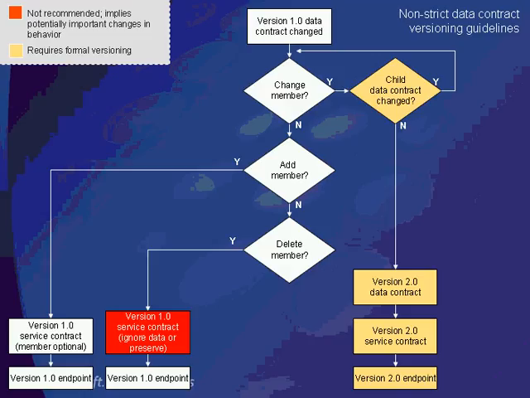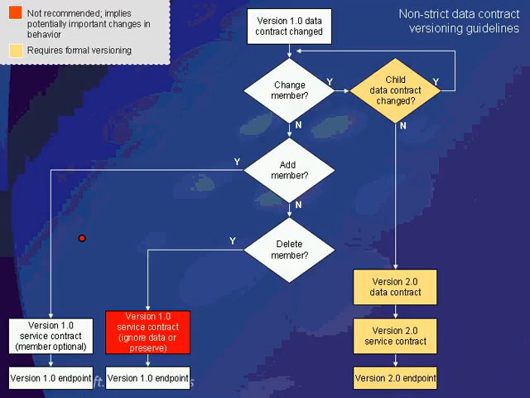If not, then what I've done is I've maybe changed a data type or changed a nested type, and any of those types of changes really mean I'm changing significantly the type, right? We don't go around changing data types and so forth. So if we're making that type of change, we really need to version the data contract and version the service contract and provide a new endpoint to keep it clean.